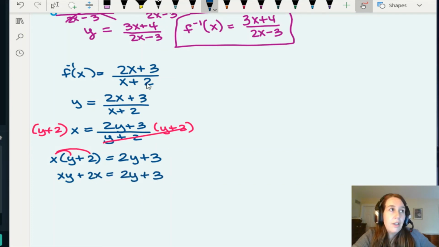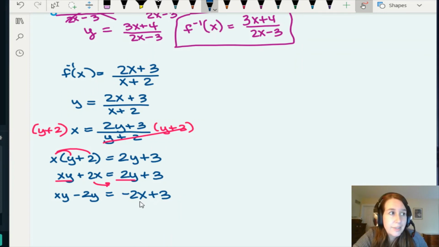Okay, now collect the y terms on the left and move the x terms and the numbers, anything that doesn't have a y, over to the right. So that is xy minus 2y equals negative 2x plus 3. The order doesn't matter on that. If you have 3 minus 2x, that's fine too.